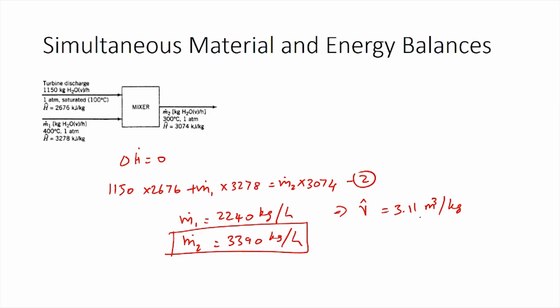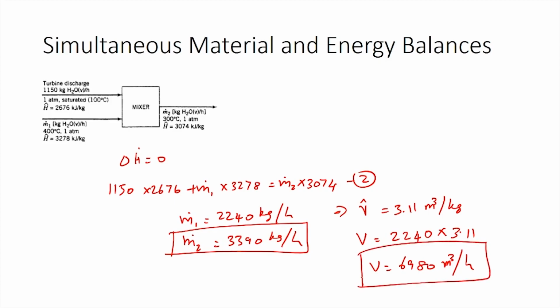So, using the specific volume, we can calculate the volumetric flow rate as V equals mass flow rate, which is 2240, times the specific volume, which is 3.11, giving a volumetric flow rate of 6980 meter cube per hour. So, this would be the volumetric flow rate.